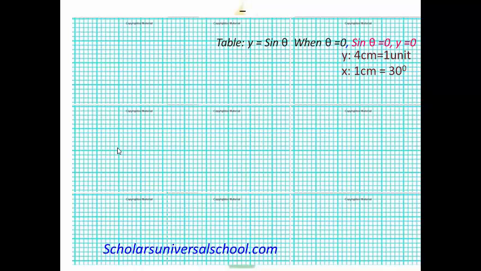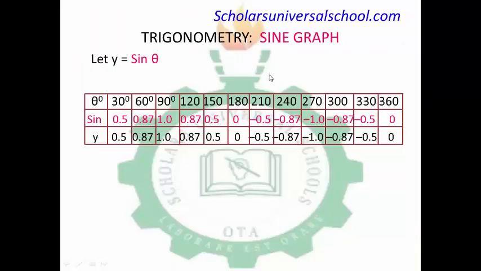For this graph, the first thing we have to take note of is that we are going to consider the table for y equals sine theta, which we constructed above, that is here.